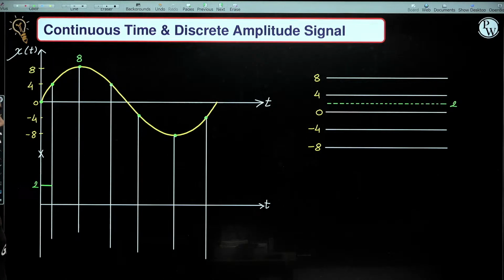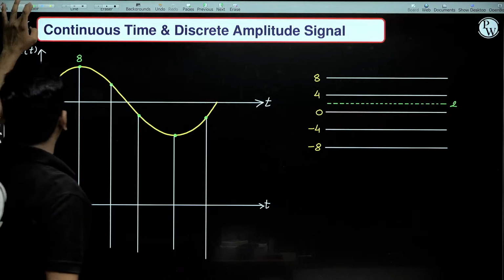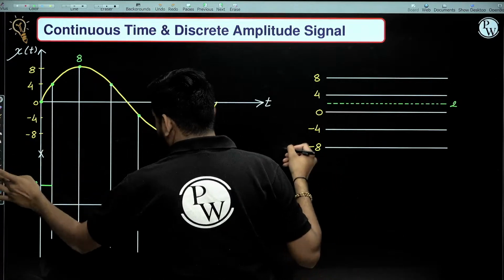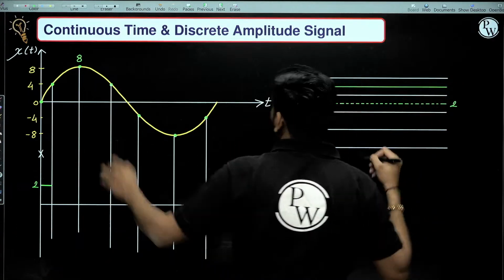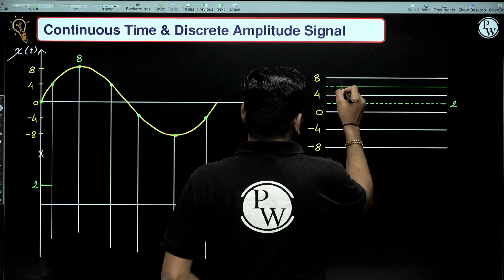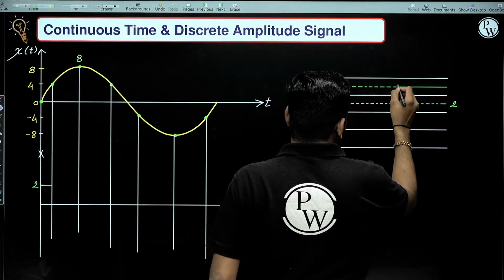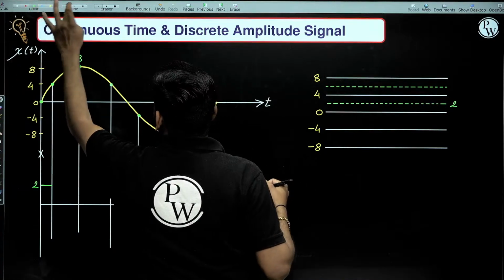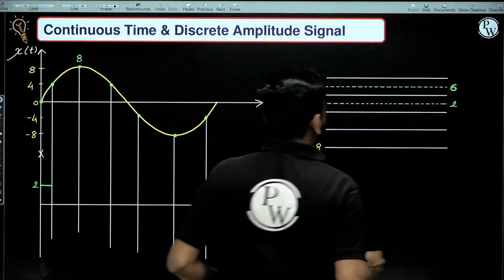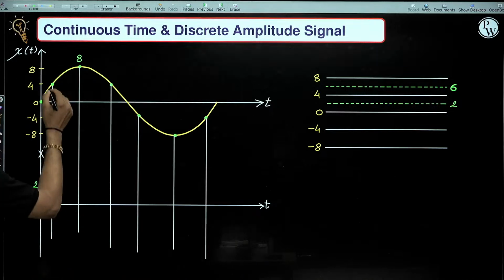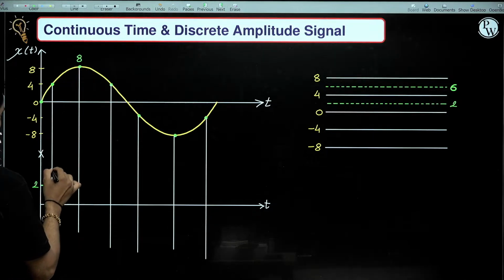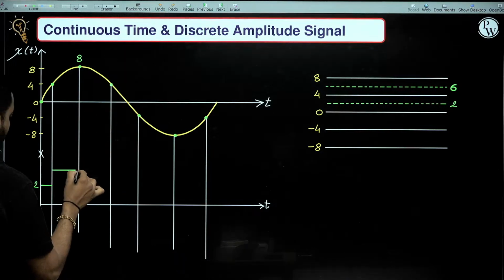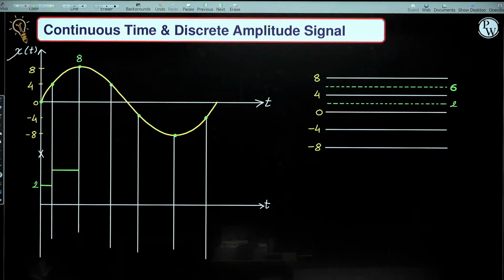In a similar manner, if the amplitude present is between 4 and 8, we can design a circuit whose output will always be the average of 4 and 8, that is 6.